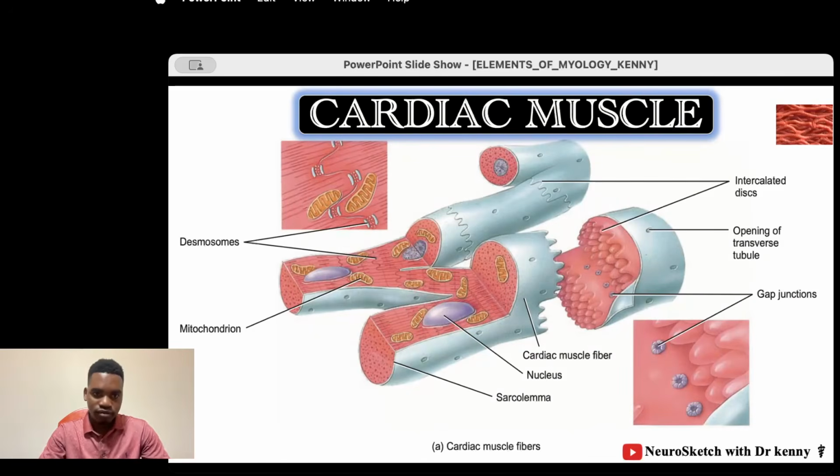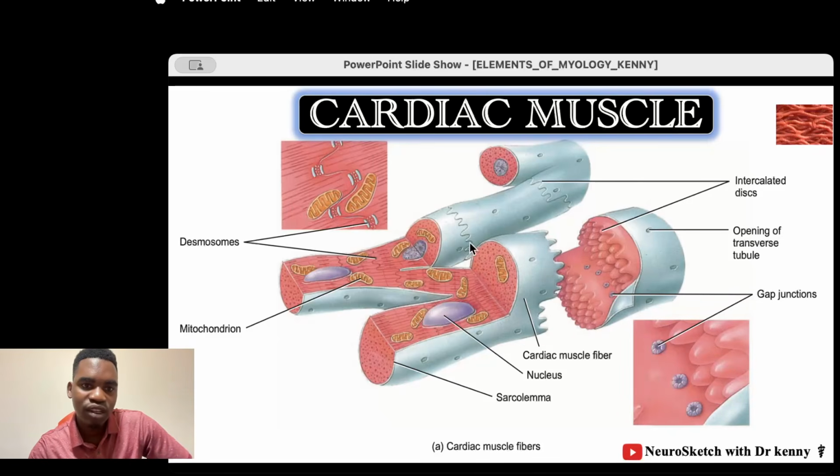So this is the cardiac muscle, and it is made up of muscle fibers. Remember we said a muscle fiber is a muscle cell or myocyte. So in the cardiac muscle we call them cardiomyocytes, and they are a little bit shorter compared to skeletal muscle fibers, and they have junctions.